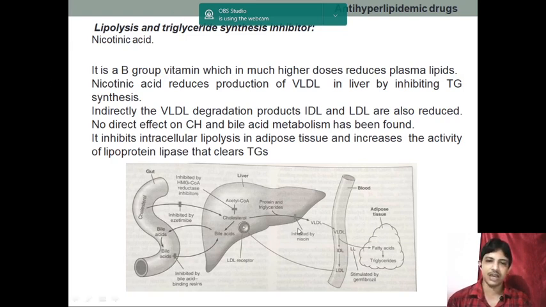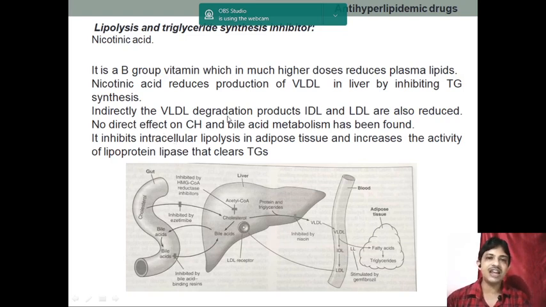We have seen that protein, triglyceride, and cholesterol are required for VLDL synthesis, so they inhibit VLDL synthesis by inhibiting the triglyceride synthesis.